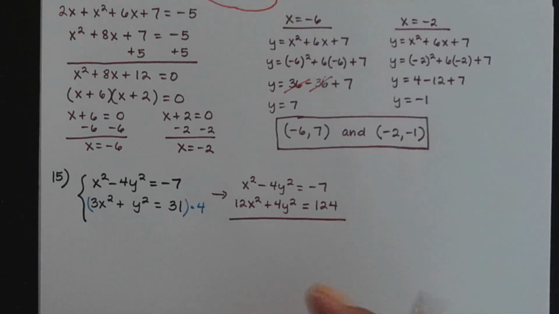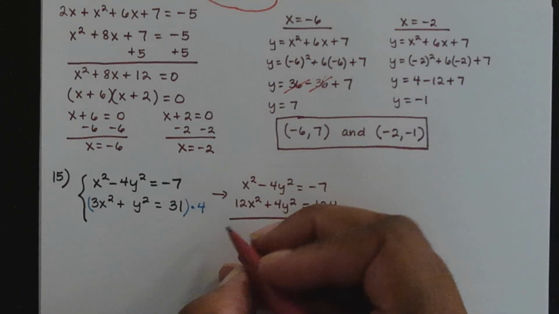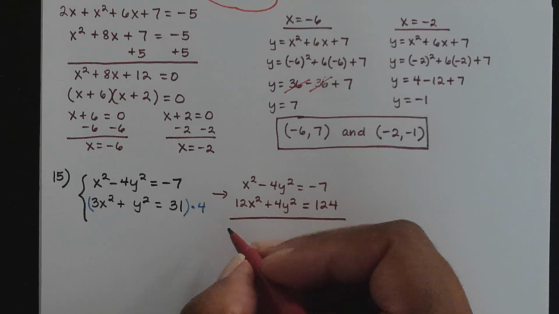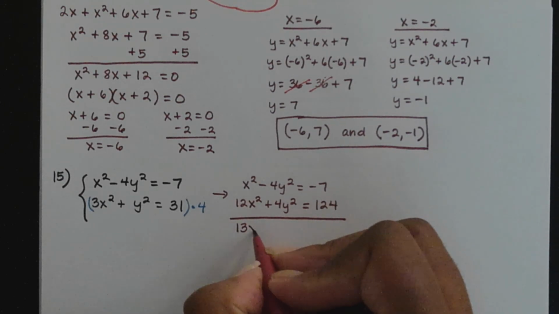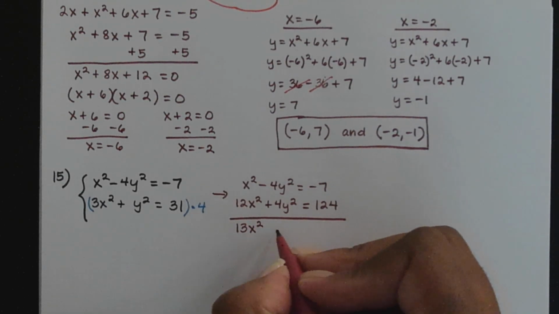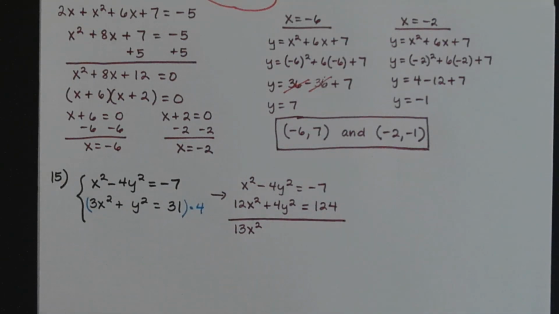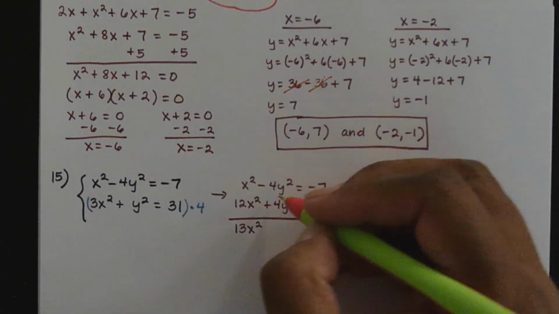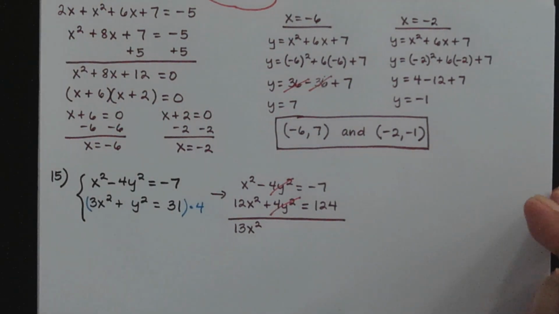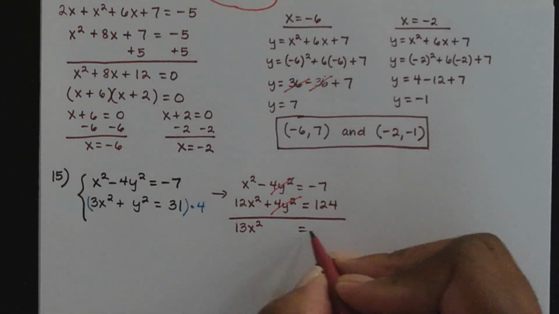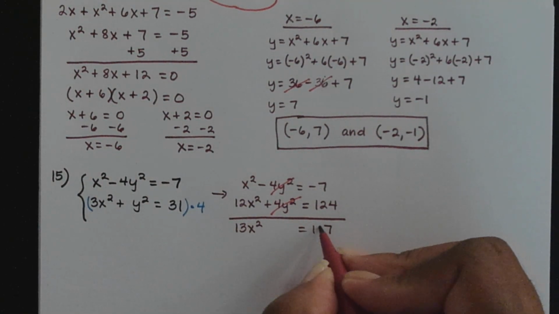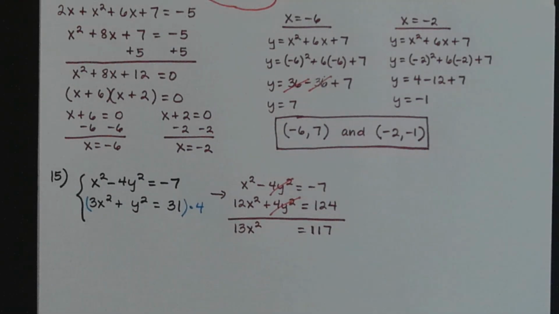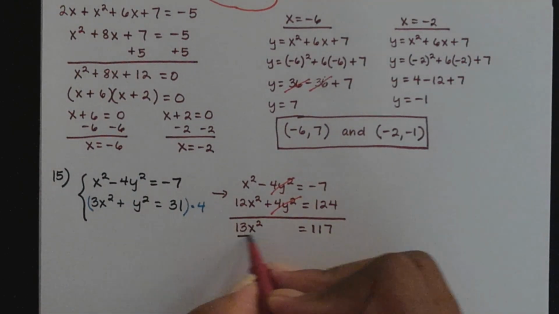All right, so let's add these two equations together. 1x squared and 12x squared, that's 13x squared. And then minus 4y squared and the 4y squared are gone. Negative 7 plus 124 would be 117. So I have 13x squared is equal to 117.